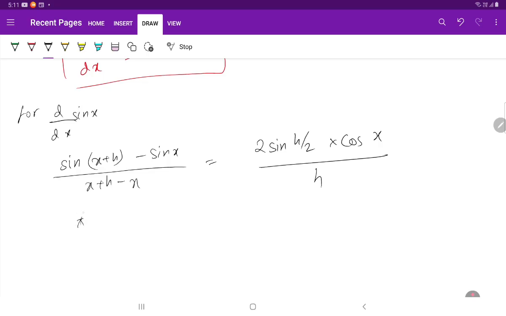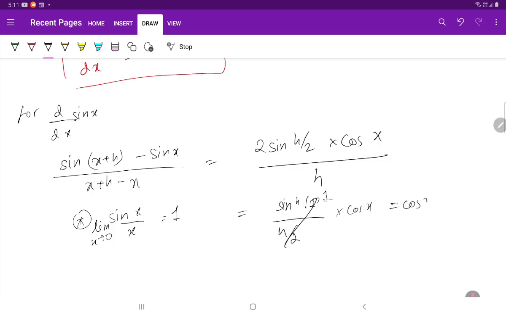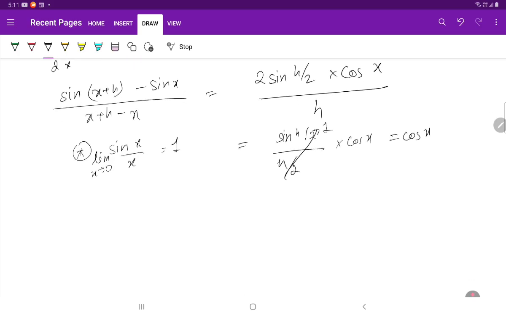And you must know another thing, that sin x by x for x tending to a very small value is 1. So you will get sin(h/2) upon h/2 into cos x. This comes out to be 1, hence you will get the result cos x. So dy/dx of sin x is equal to cos x.